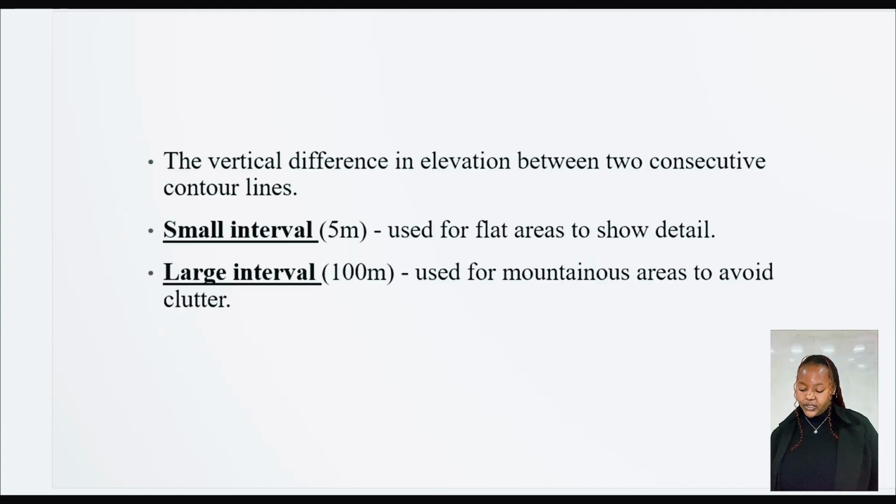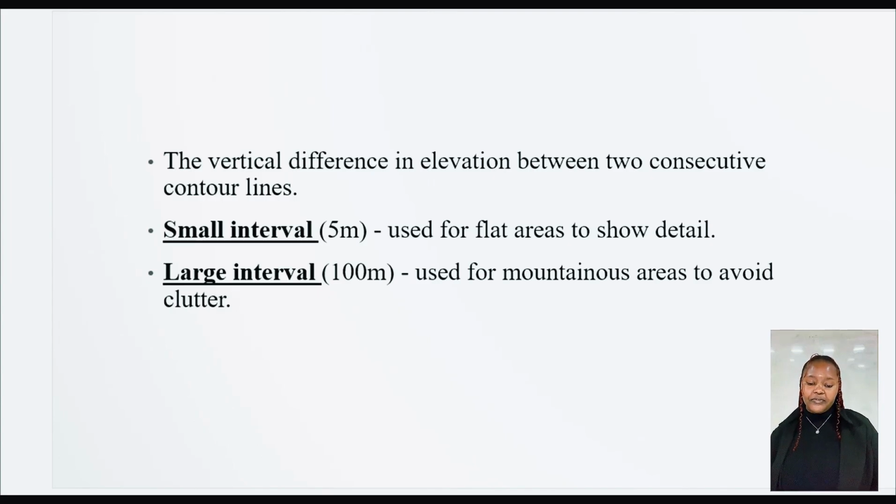Contour intervals. What are contour intervals? It's the vertical difference in elevation between two consecutive contour lines. The small contour interval that is mostly used on a map is 5 meters. It is used for flat areas to show details.